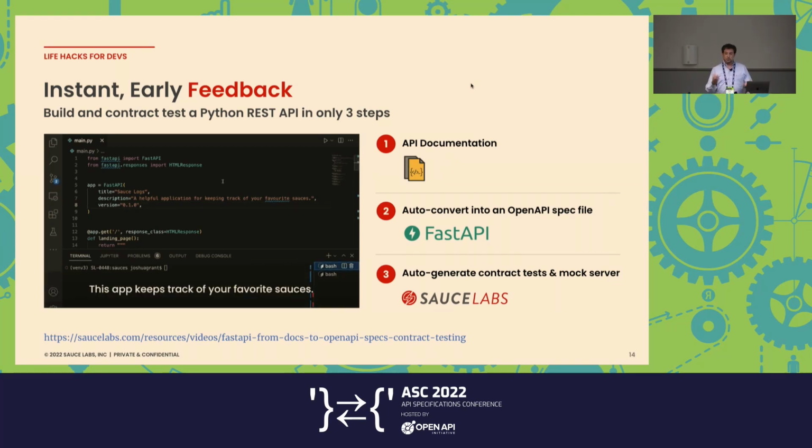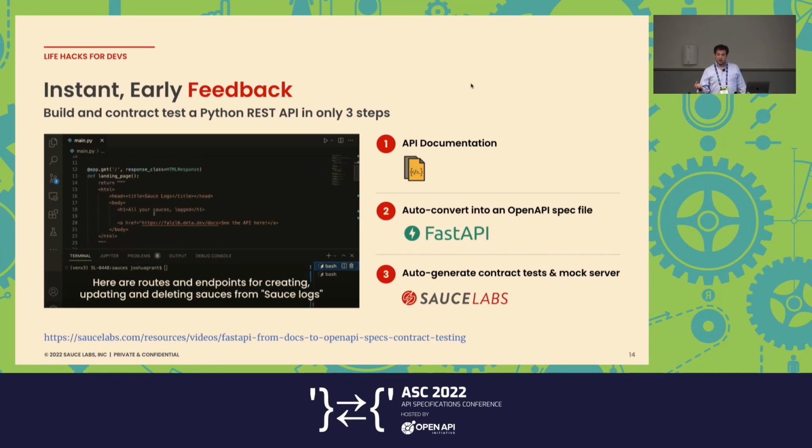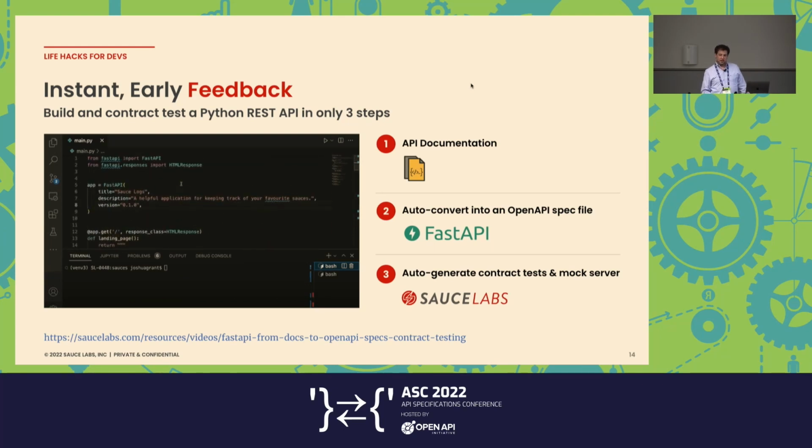FastAPI makes it easy to expose these in a RESTful mechanism and then generate OpenAPI specs from this. With those OpenAPI specs, send them over to Sauce Labs, and now I have a mock server and a way to do the contract testing. We've seen folks start building new applications and within 5 to 10 minutes have their contract tests up and running, and this is the mechanism behind that.